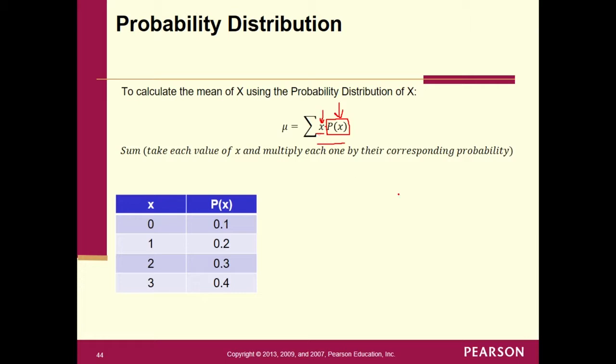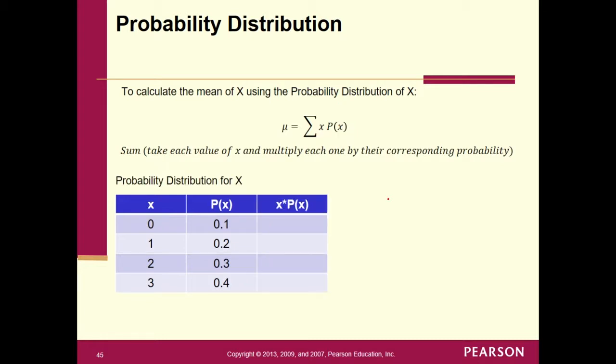What we're going to have to do is make a new column here. The good thing is that here are all the values of x, and here are their corresponding probabilities. There's your probability distribution for x. We have to make another column here and call it x times p of x.